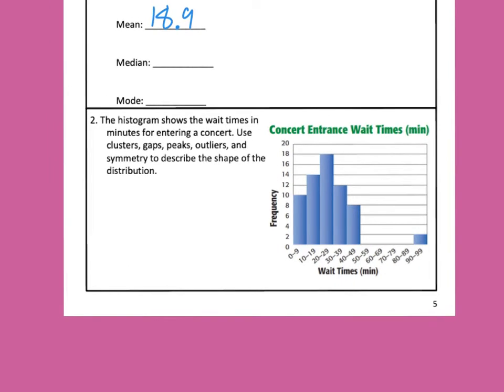Our cluster is from 0 to 9 to 40 to 49. So the way I'm going to write that is 0 to 9 to 40 to 49. That's where our data lies, most of it.